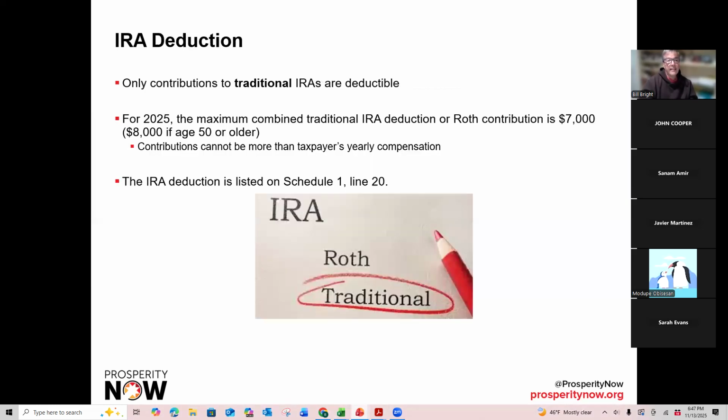Okay, IRA calculations, only contributions to traditional IRAs are deductible. Okay, for 2025, the maximum is $7,000 for either IRA or Roth, but again, only the IRA accounts, and you get $1,000 more if you're 50 and older. The reality here is, I think in 10 years, I've seen maybe one or two folks that make non-payroll deduction IRA contributions.